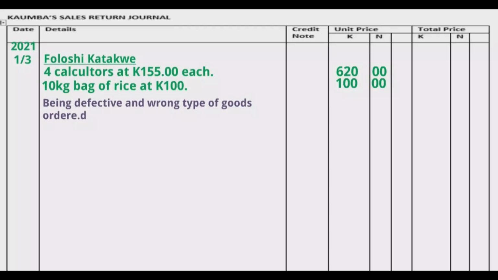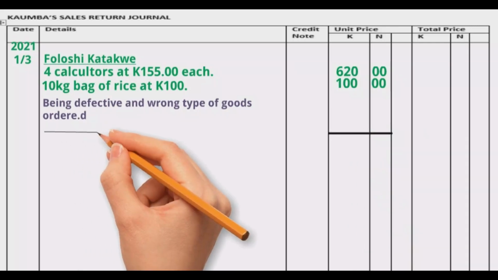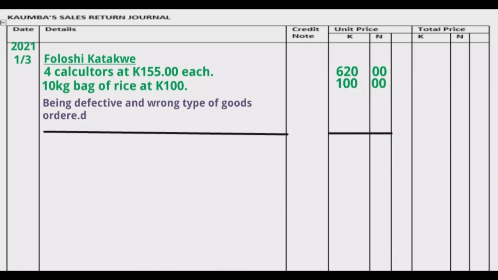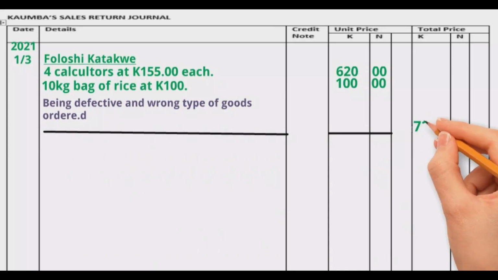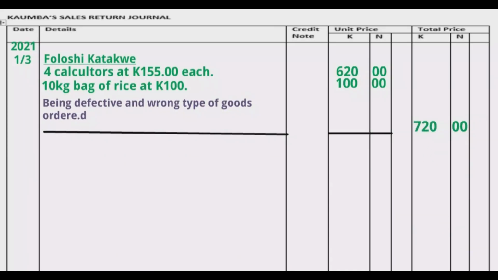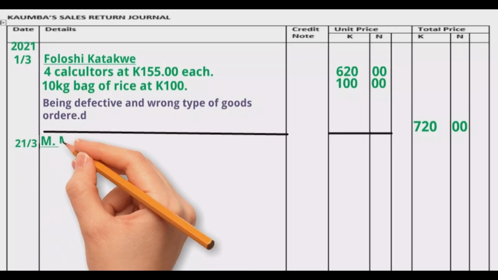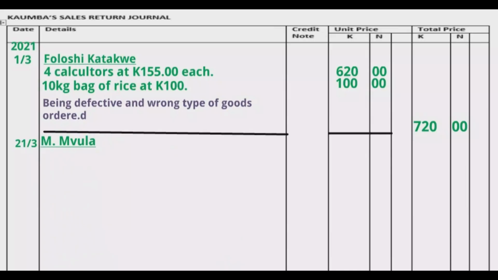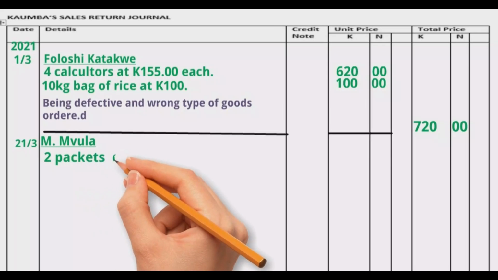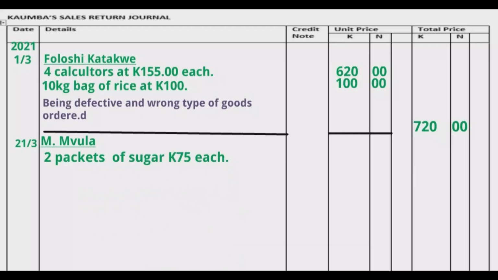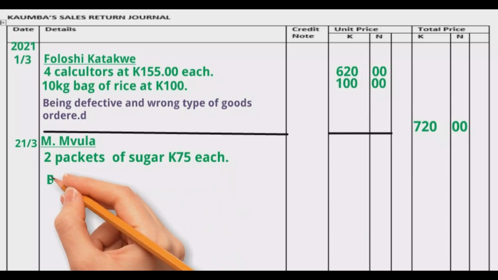Now I'm going to add 620 plus 100. It will give me 720. So I'm going to write 720 in that column. Then I'm going to start the details of Mvula, the third transaction, which is Mvula returned 2 packets of sugar valued at 75 kwacha each due to package being damaged.